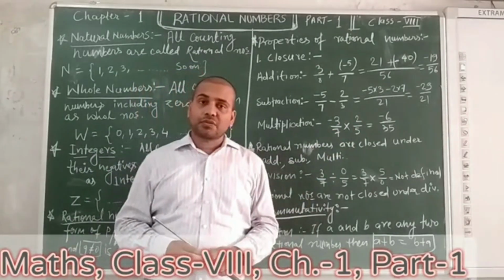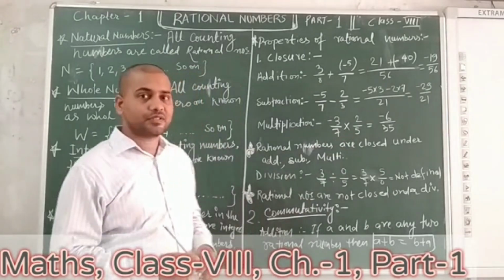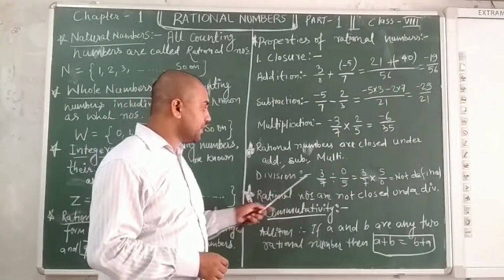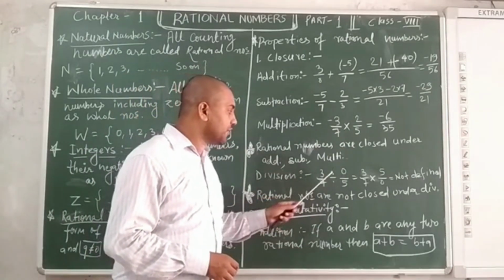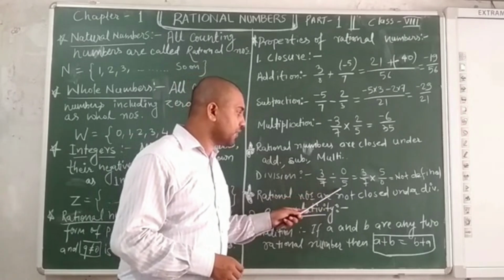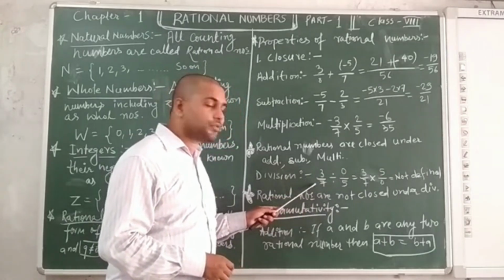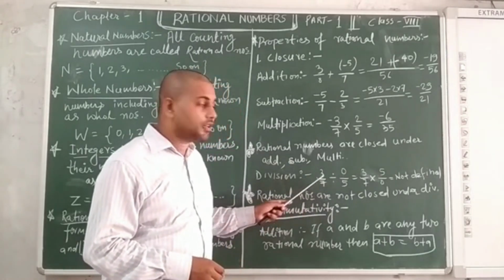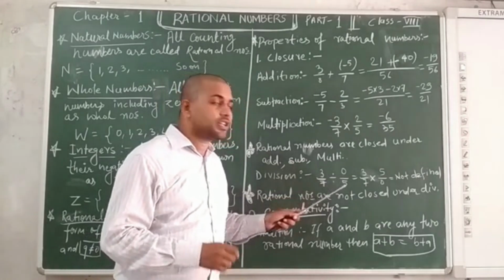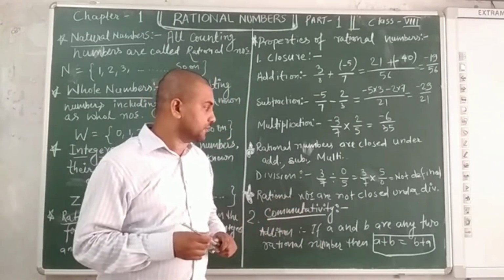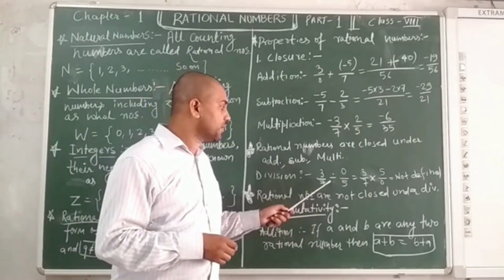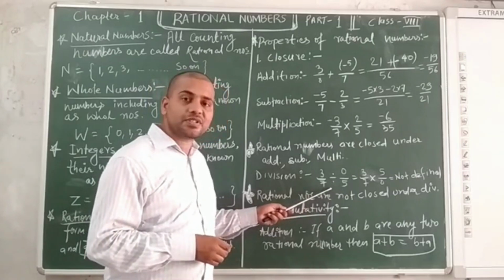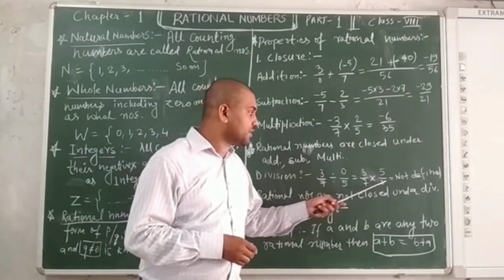But for division, you will see the example here: 3 upon 7 divided by 0 upon 5. Dear students, 3 upon 7 is also a rational number. 0 upon 5 is also a rational number. So, when we do the division process, what is there?